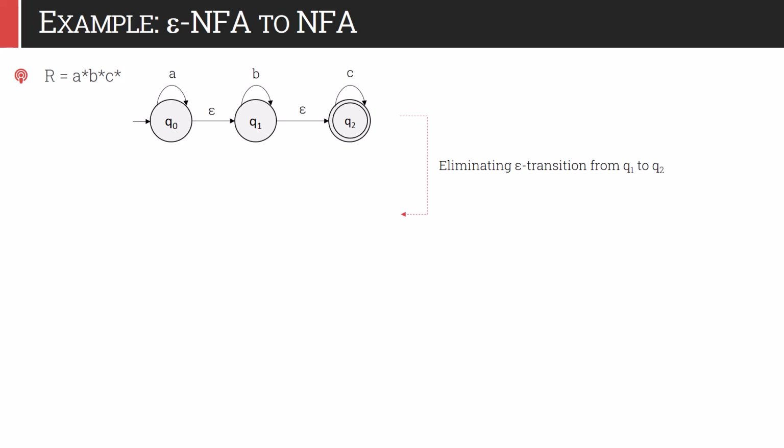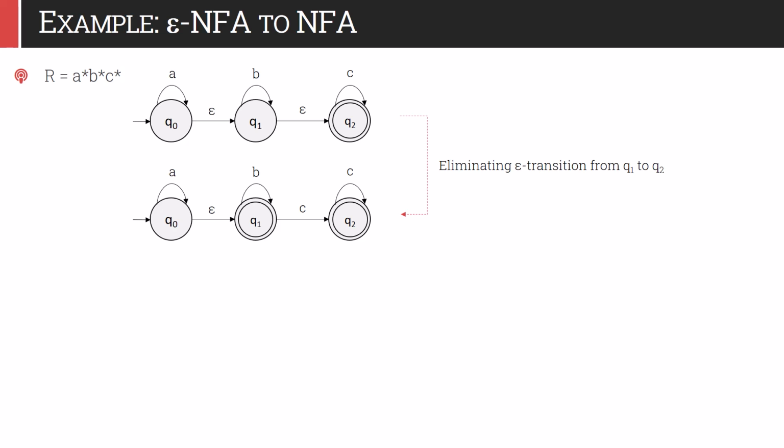So we have to create one arc from Q1 for input alphabet C. And the arc which is generated from Q2 is also terminating in Q2. So whatever arc we are adding from Q1 should point to Q2 and the input alphabet should be C. This is how we can eliminate that epsilon transition. And Q2 is a final state, so we have to make Q1 also final.